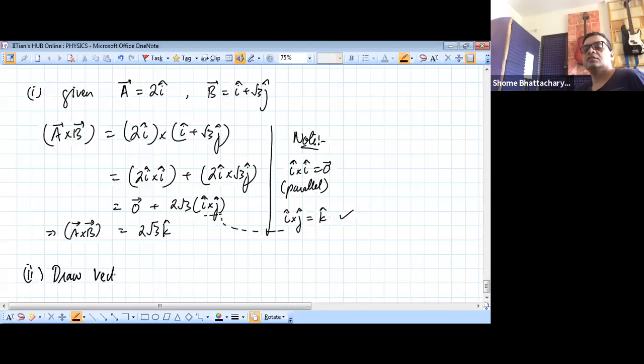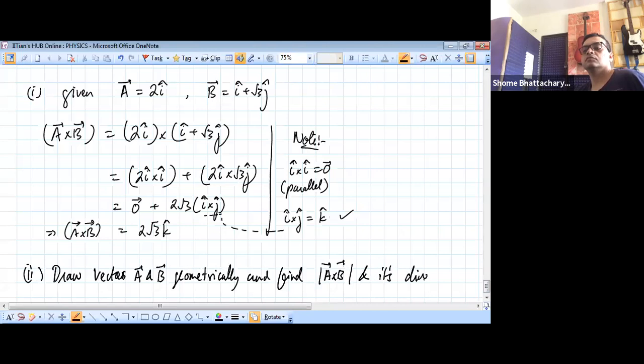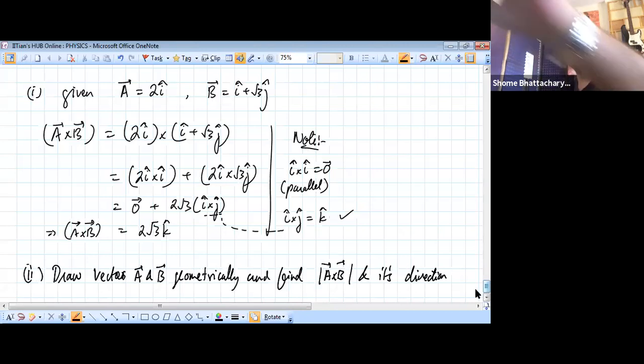Draw vectors A and B geometrically and find the magnitude and direction.